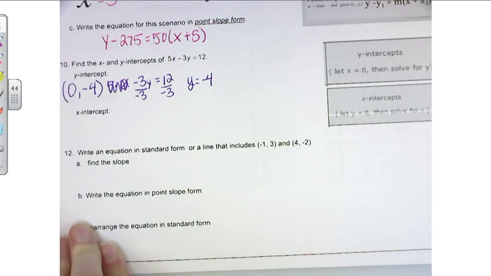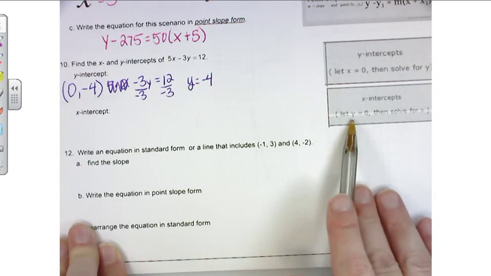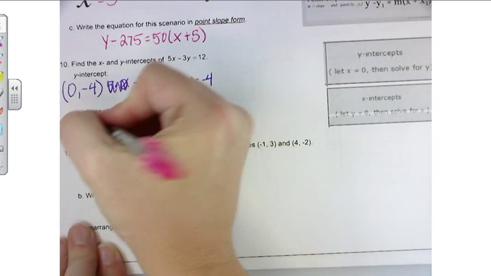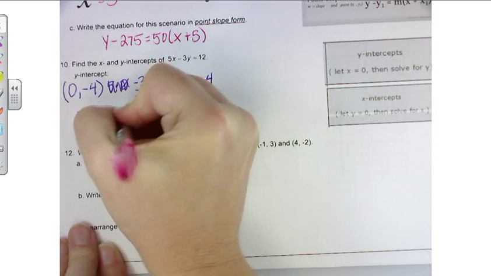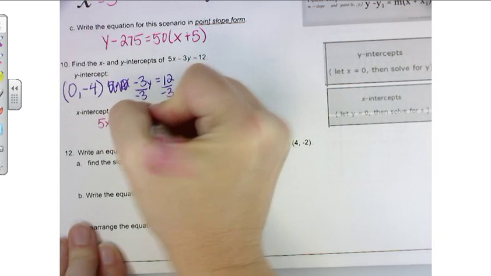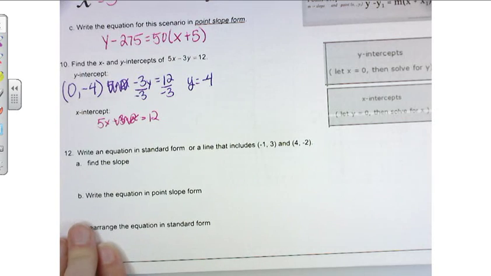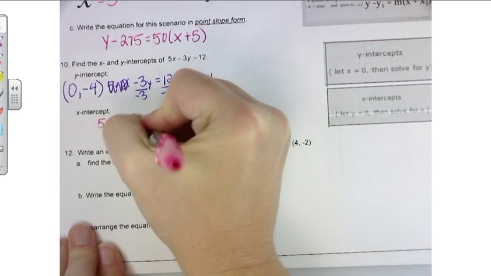We use the same equation, but now we're going to do the opposite. We're going to find the x-intercept, so we're going to let the y be 0. So I'm going to go 5x minus 3 times 0 equals 12. Well, again, boom, negative 3 times 0 is 0. So that gives us 5x equals 12.